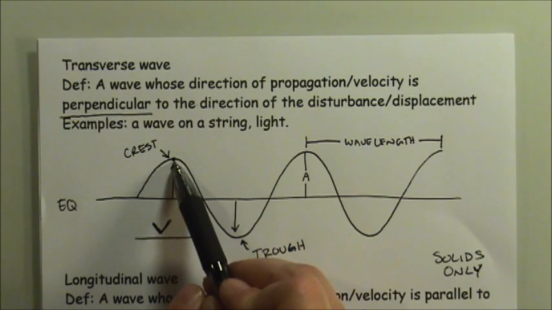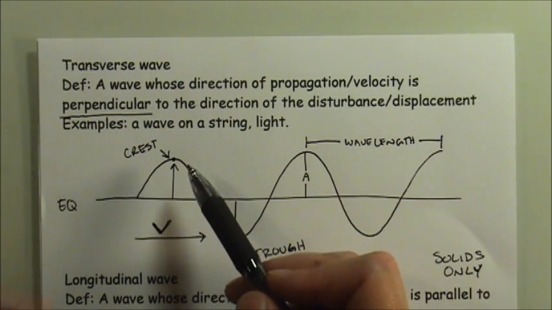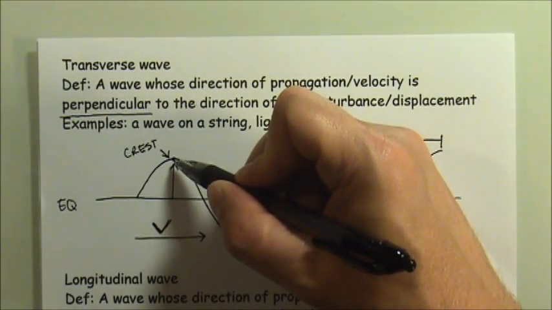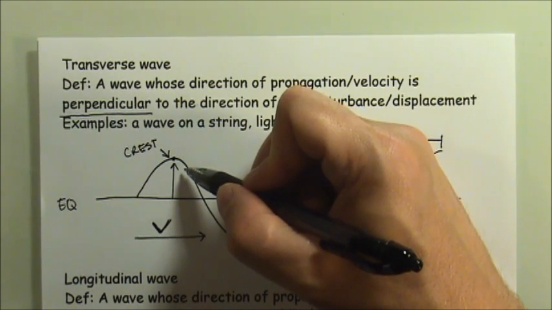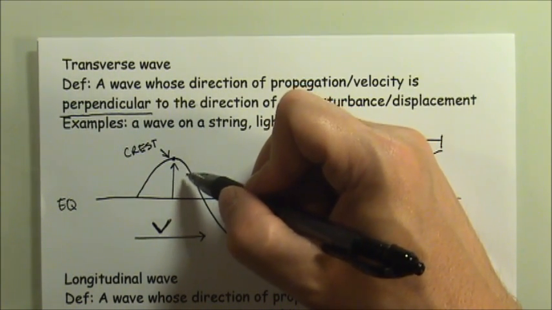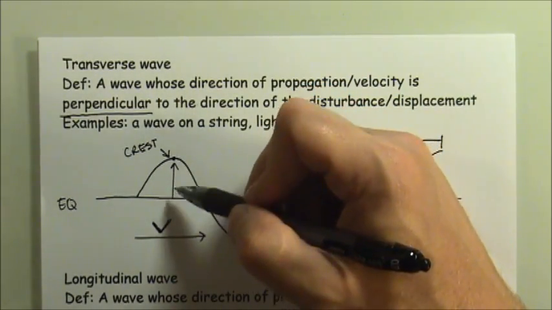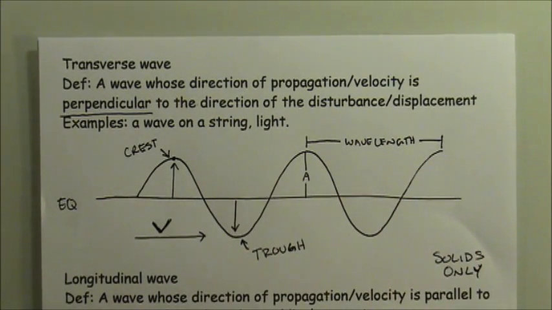So if there is no physical connection between him and the part of the medium to his right or to his left, then he can't exert any force. So when he begins to get pulled upward, because he's connected to the medium which is to his right, he exerts that force on the guy to the right. If he was not connected to the guy on the right, then he could not exert any force on that. So he could go up and down, and he could execute simple harmonic motion, but there would be no disturbance to travel along the medium.